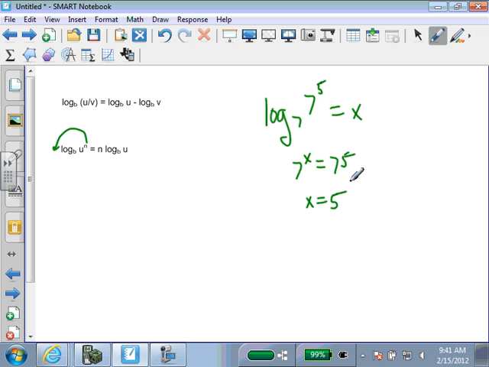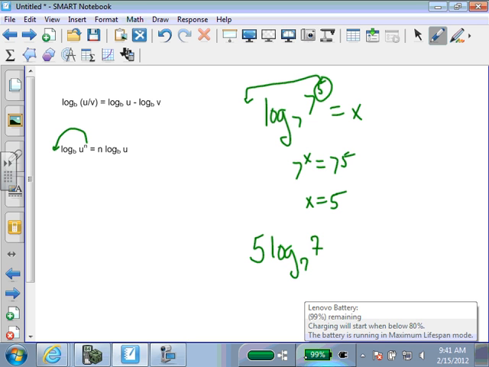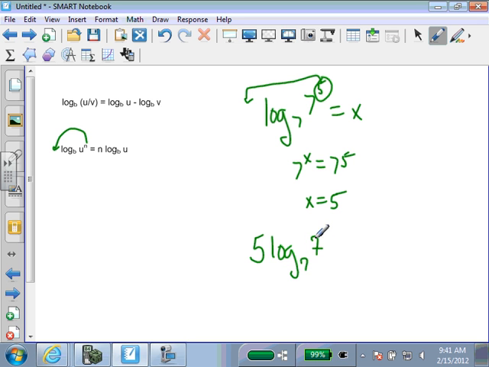But now what we're going to be able to say is log base 7 of 7 to the 5th, that exponent could come in front, that's the same as 5 log base 7 of 7. Well, I know what log base 7 of 7 is. 7 raised to the first power is 7. So this is essentially 5 times 1, which is 5. Okay, so this property is syncing up with something that we have used before.